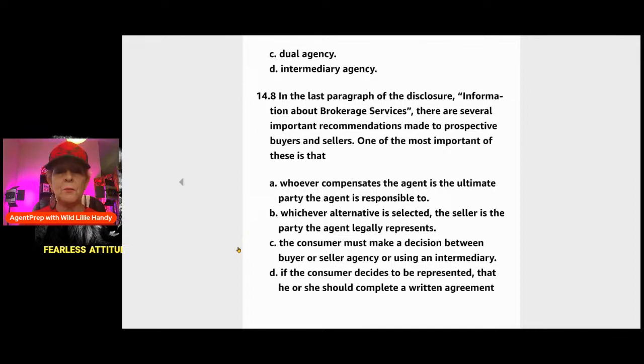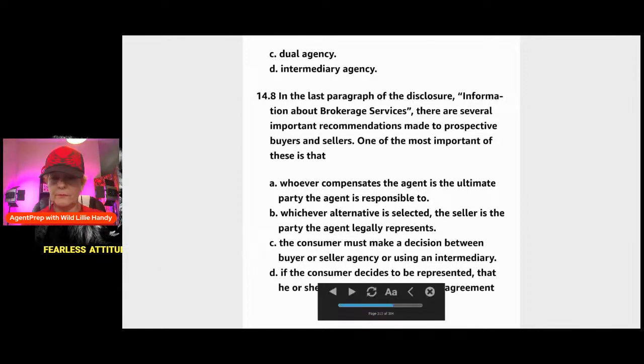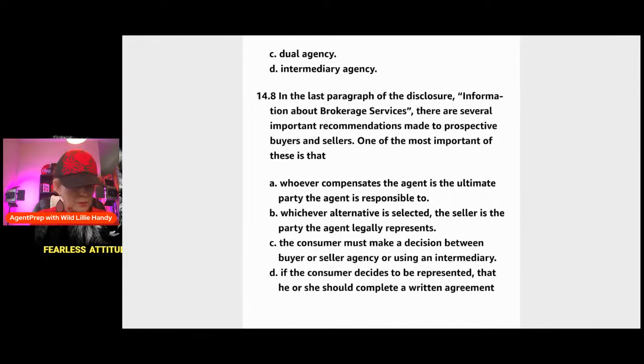C, the consumer must make a decision between buyer or seller agency or using an intermediary. Or D, if the consumer decides to be represented, that he or she should complete a written agreement. So type your answer. What's the answer for number 8?